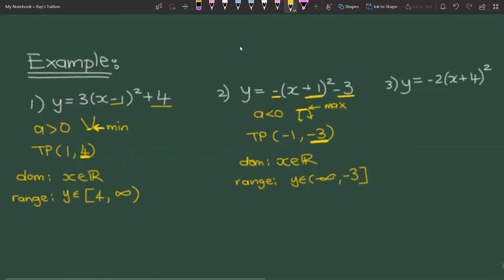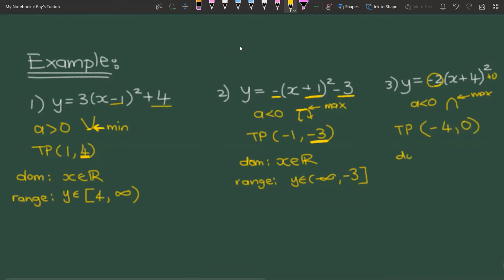For the last one, again, we look at our A value, and our A value is negative. So we have this shape again with the maximum. And then our turning point in this case looks a bit tricky because we have x plus 4 and it looks like there's no q, but remember we can always write +0. So our turning point is -4 and 0.